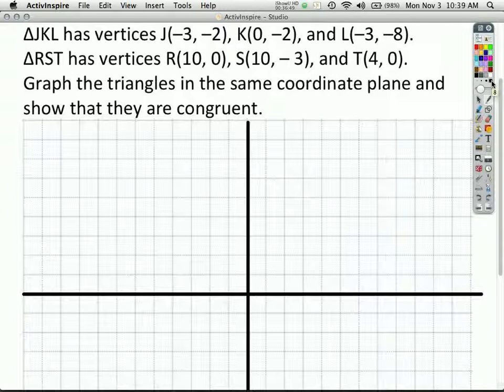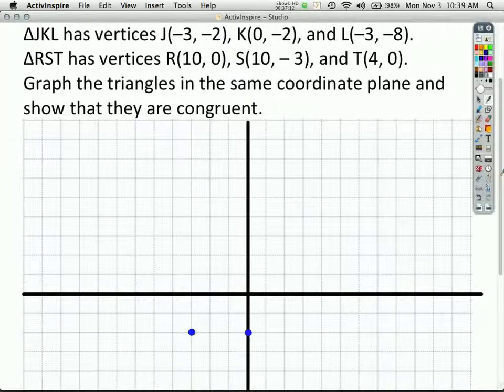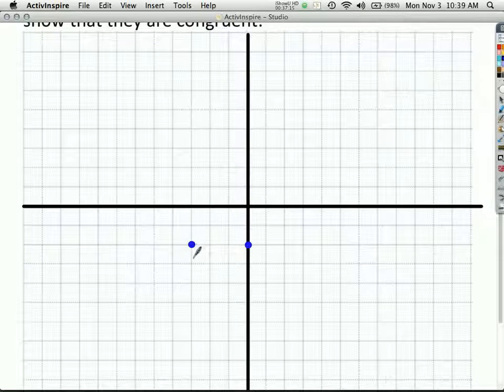And let's go ahead and just get the elements down. So J is at -3, 2. There's J. K is 0, -2, so that's right there. And L is -3, -8. So I'm going to have to go down a bit. -3, -1, -2, -3, -4, -5, -6, -7, -8.